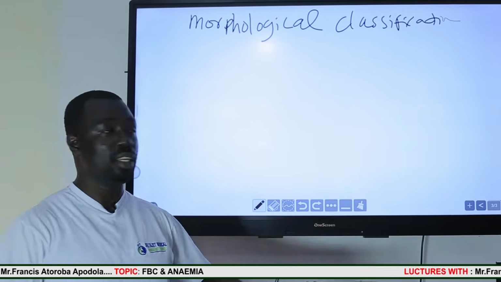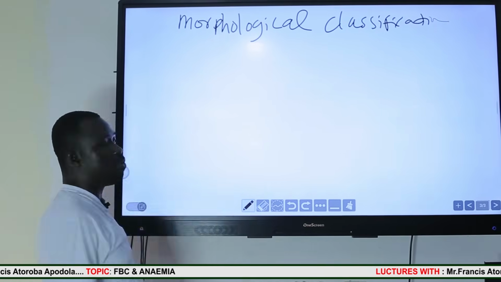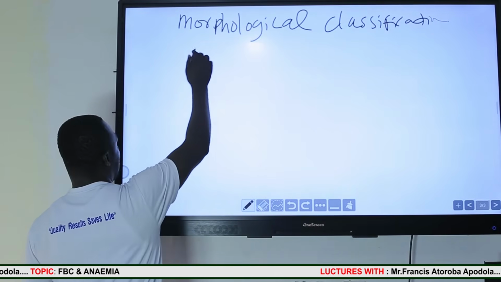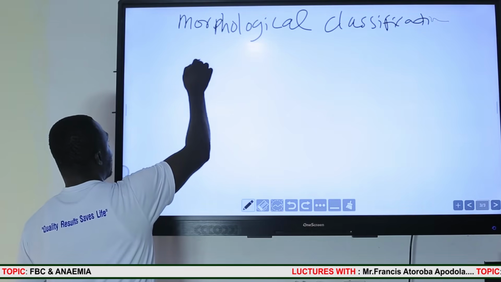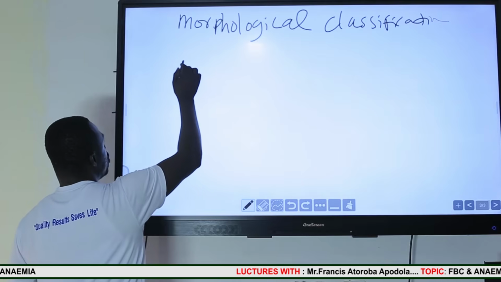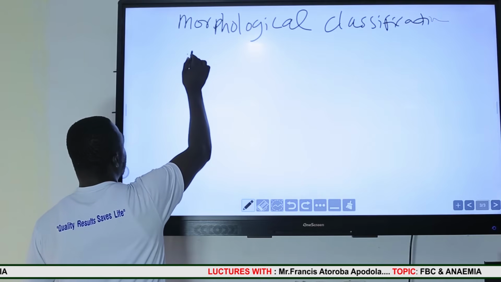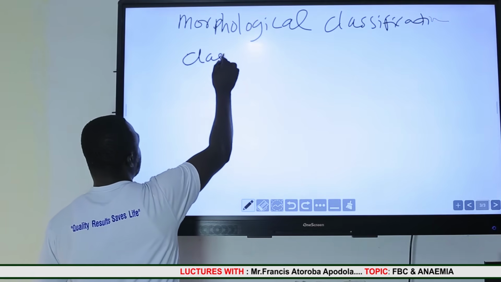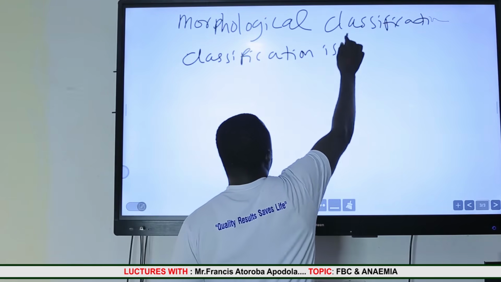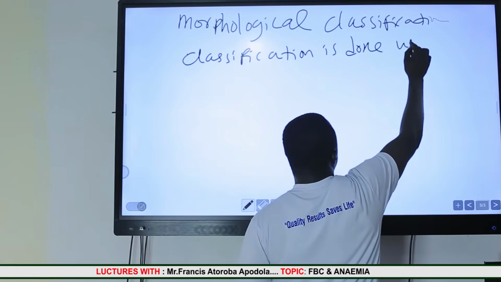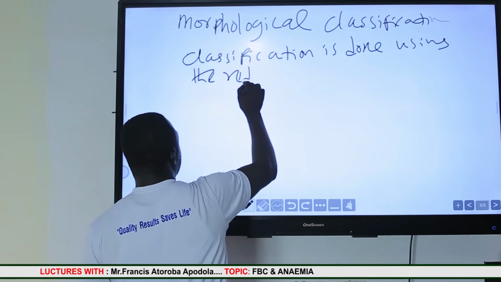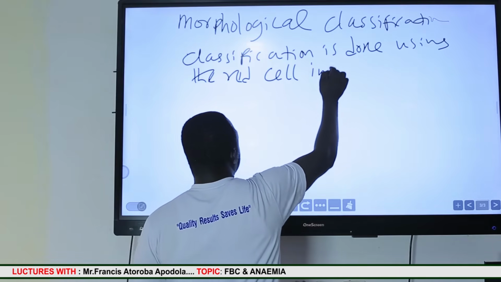Are we together? Okay. So we want to look at the morphological classification of the anemia. In the morphological classification, anemia can be classified using the red cell indices.